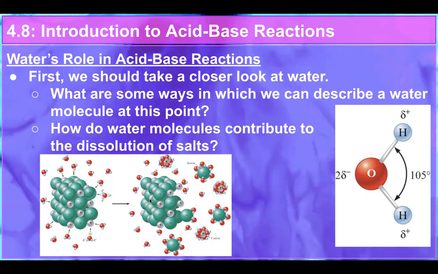You can think of sodium chloride. The negative ends of the oxygen will be attracted to the sodium, which is positively charged, and the positive charges of the hydrogen atoms will be attracted to the negatively charged chloride ions.